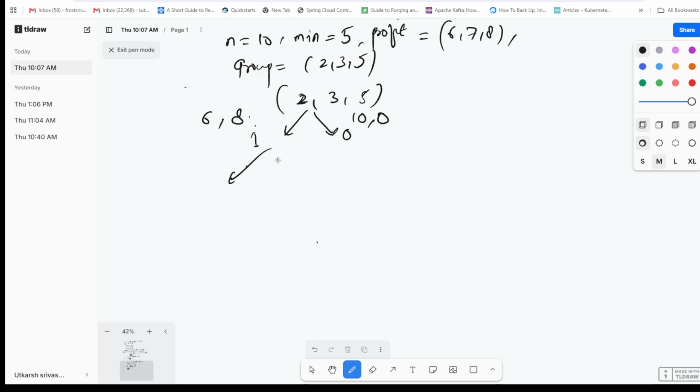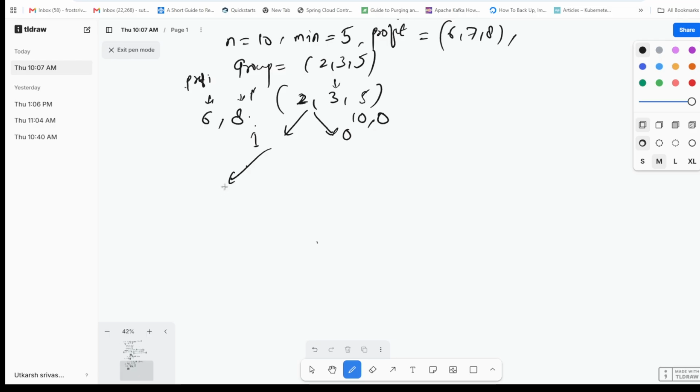Now we will move to the next index. Again, we will have a choice to take the particular person. Can we take it? Yes, we can take it.